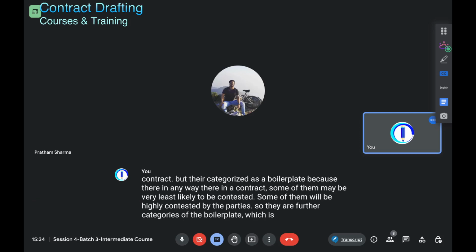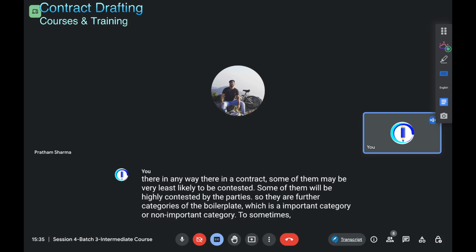Sometimes you will find it very interesting that the other side is negotiating on a not so important clause, and you may take advantage of that situation. The other side may be giving importance to a clause that is not important for you, but they are doing so because of some past experience that they may have faced.